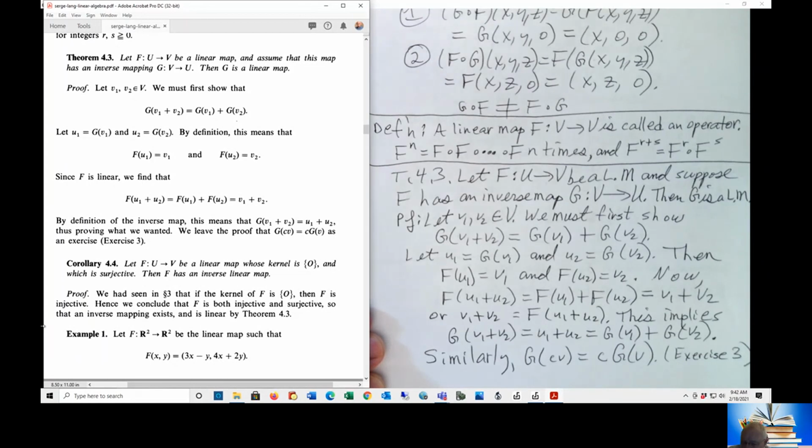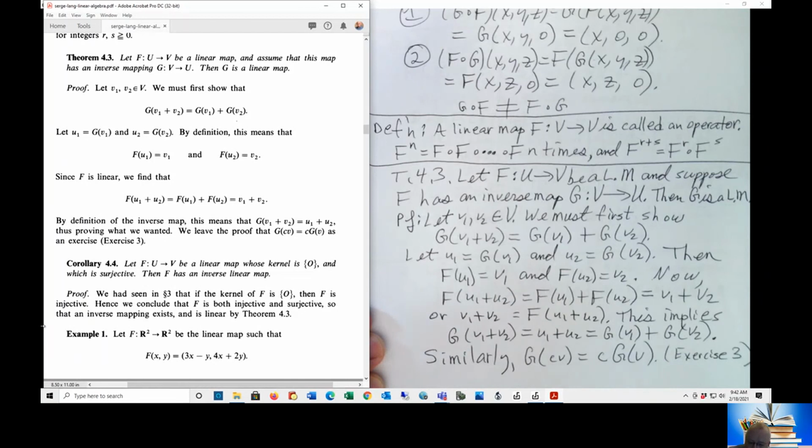Now, F is a linear mapping. So F of U1 plus U2 is F of U1 plus F of U2, which equals V1 plus V2. Turn that around, okay? V1 plus V2 equals F of U1 plus U2. Now, apply the inverse G to both sides of that equation.